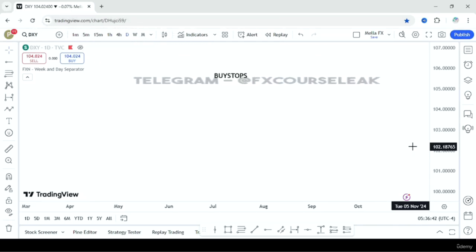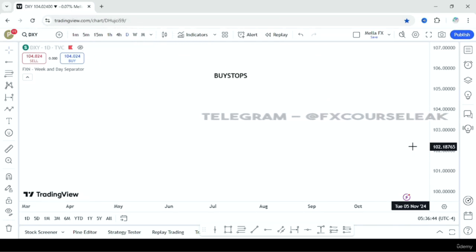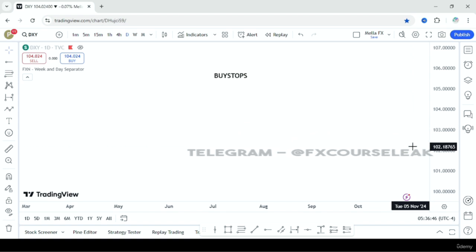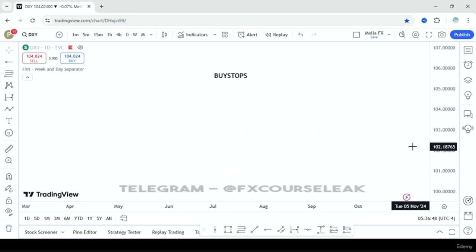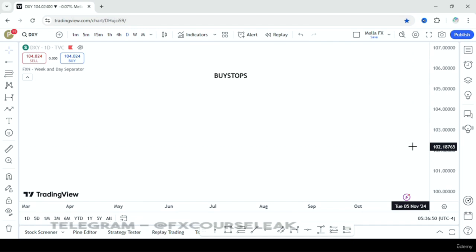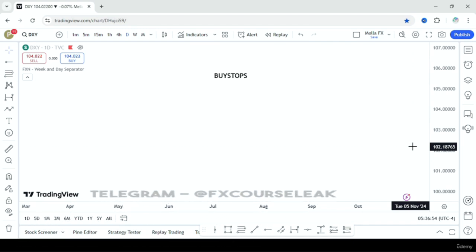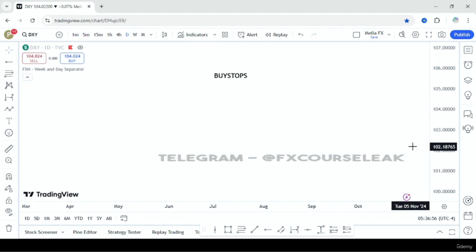In this lesson, we'll be studying buy stops, and buy stops are also buy-side liquidity. They are orders residing above current market price.